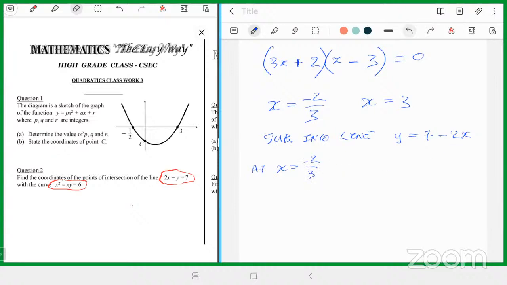We're substituting the values in the line. Y is going to become 7 minus 2 times, I know where this x is, I'm putting the minus 2/3 in the bracket, where the x was. And then we just need to work this out.